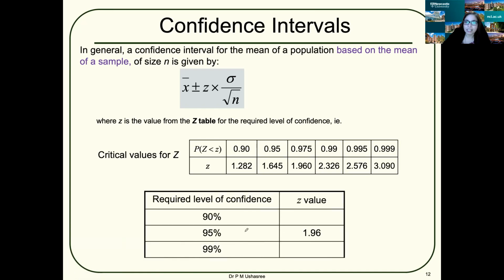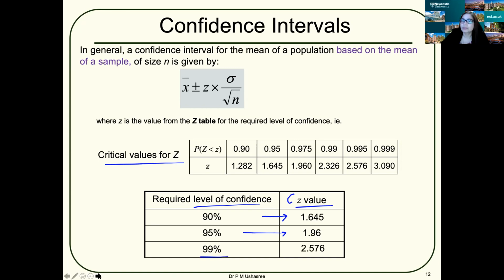So we've seen for 95%, the critical value of Z is 1.96. Let me put a C here. What is the critical value of Z for 90% level of confidence? Good, 1.645. Similarly, what is the critical Z value for 99% level of confidence?